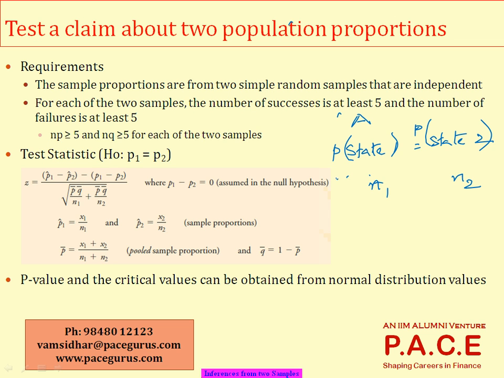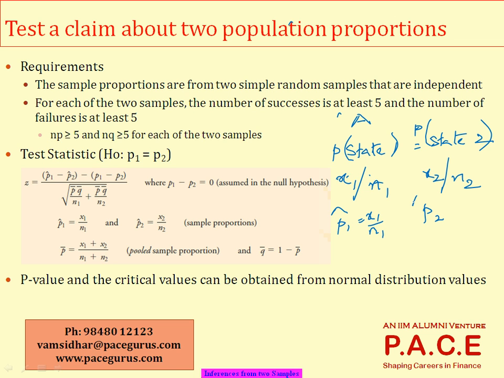Out of that, let's say some X1 people have voted for this political party A, whereas in state 2 some X2 of them out of the sample which we have selected have voted for the political party A, which means our proportion in this case is equal to X1 by N1, which is obtained from our sample.